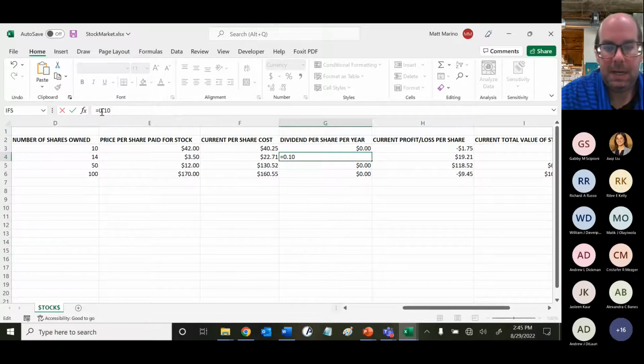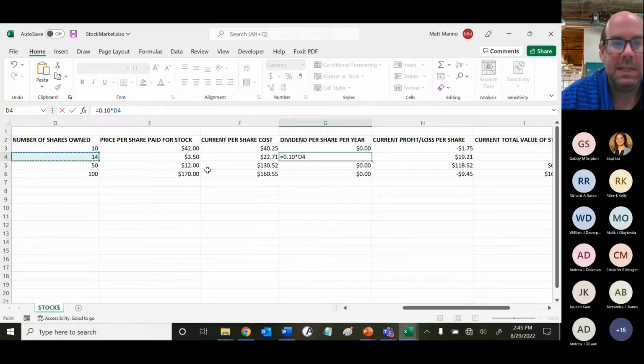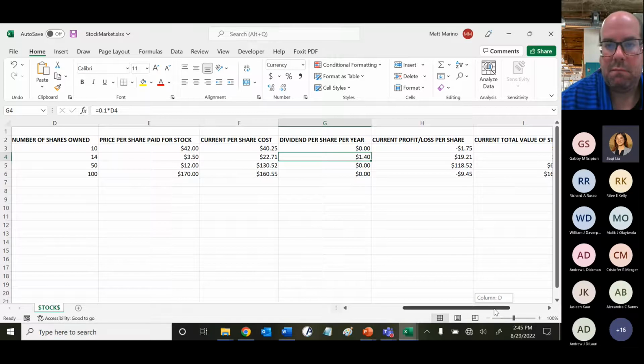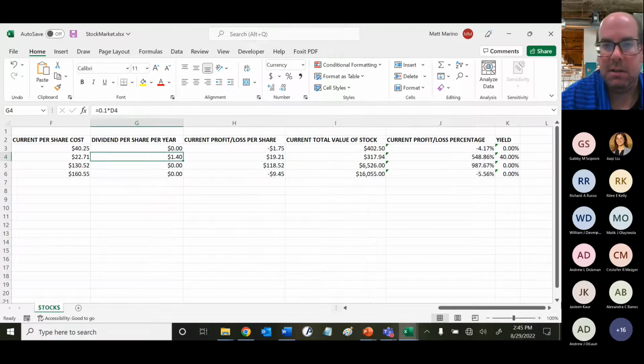So we multiply our 10 cents times our number of shares owned. In this example, our 10 cents times D4 for Callaway, and it'd be $1.40 per year. Okay, thank you. And then you scroll down to where yield is now, and it shows our yield is 40%.